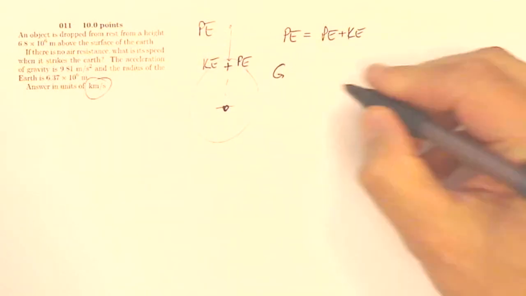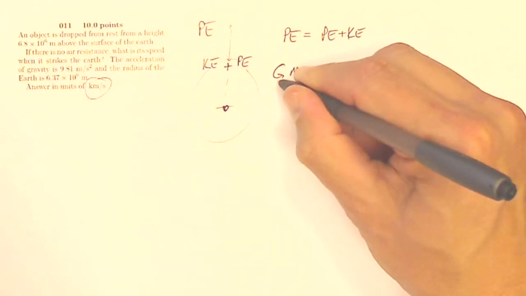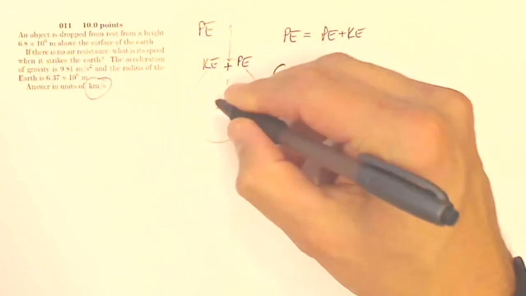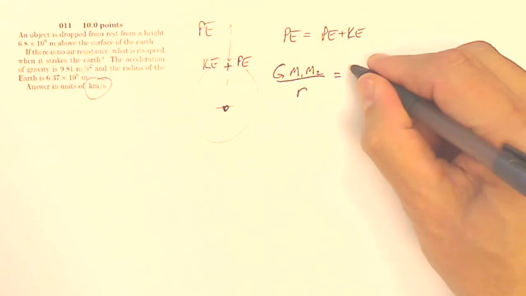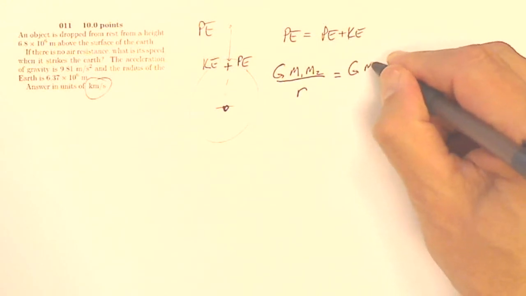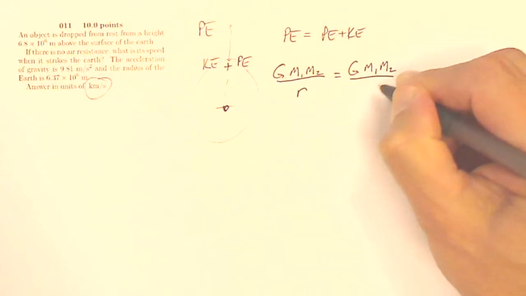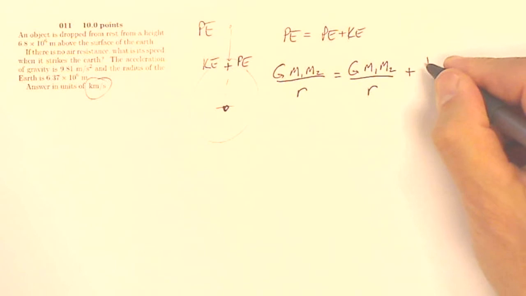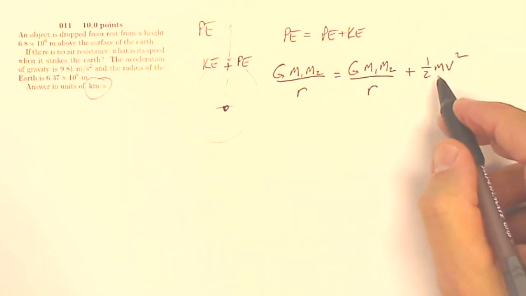Instead, you've got to use G times the mass of the Earth times the mass of the object, divided by r, the total distance from the center of the Earth. That's G times the mass of the object times the mass of the Earth divided by the new height, which is the radius of the Earth, plus my 1/2 mv squared, mass of the object times the velocity squared.